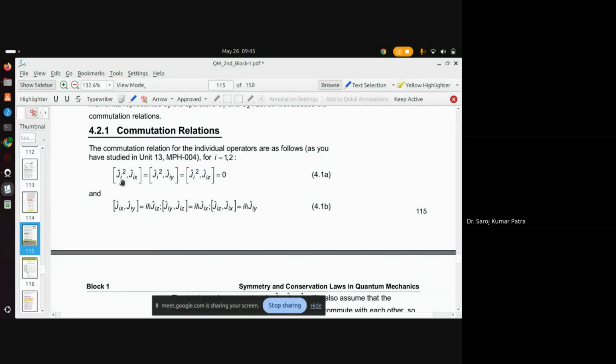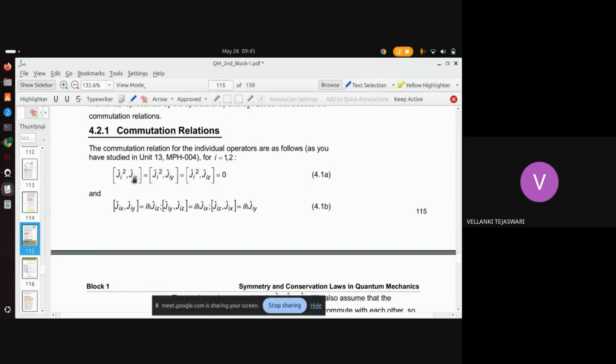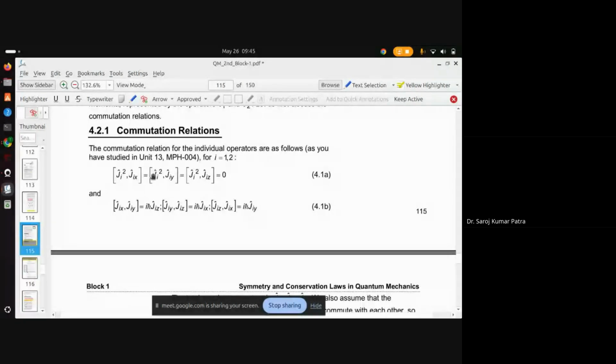So for particle 1, J square will commute with Jx, J square will commute with Jy, and J square will commute with Jz. So the commutator bracket will be equal to 0.